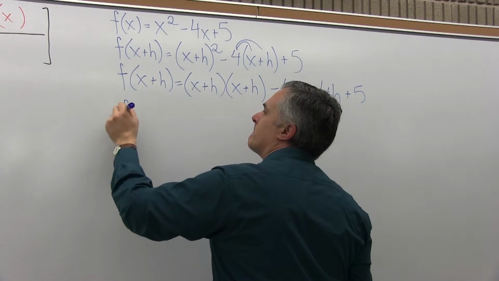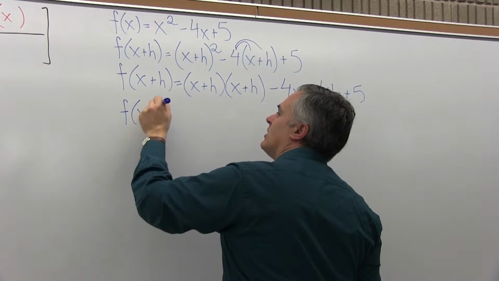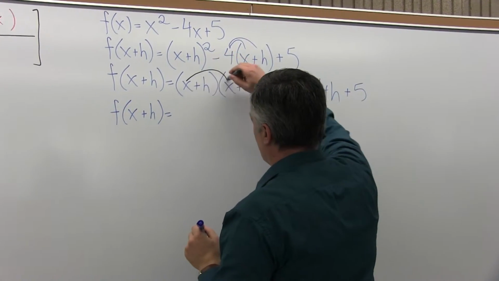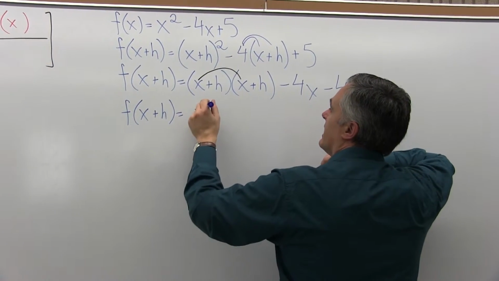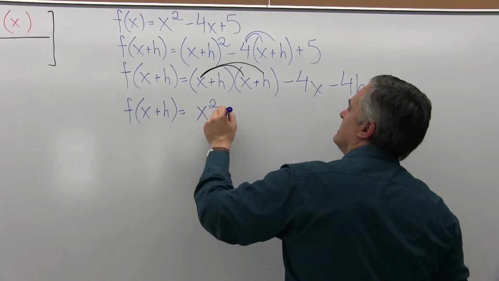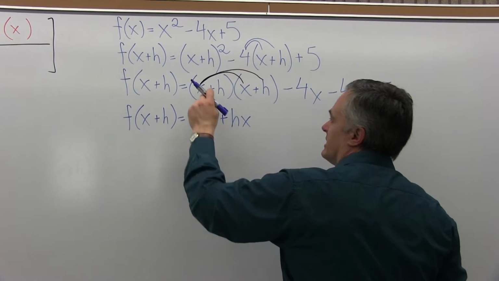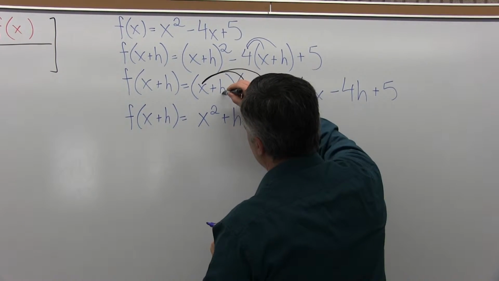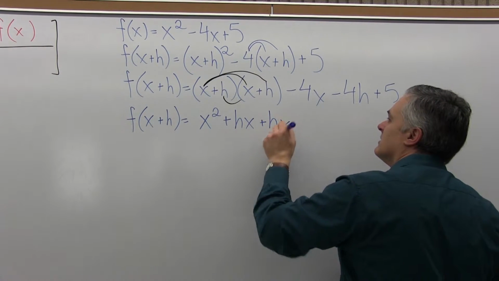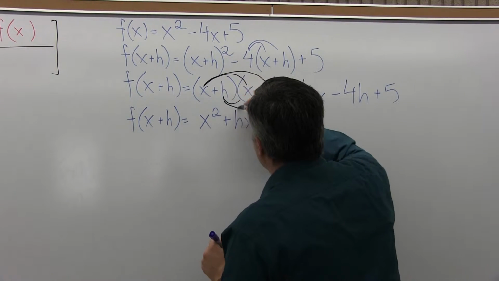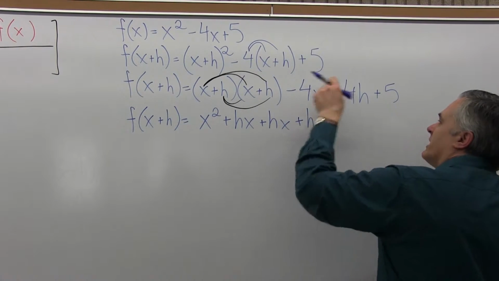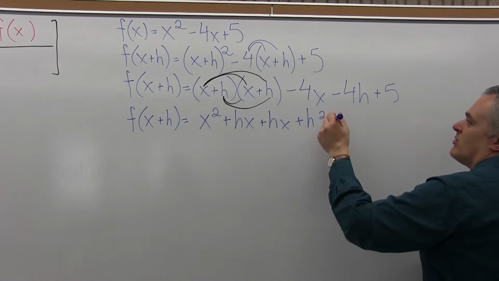So f of x plus h equals, x times x is x to the second. Then I'm going to have x times h is hx. So that takes care of the x. Now h times each piece in the other parentheses. H times x is hx again. Then h times h is h second power. And then I can bring the rest of the problem down.